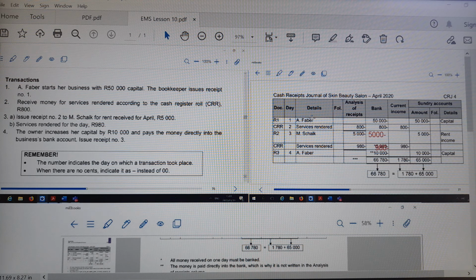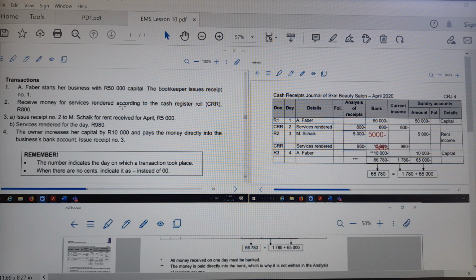And we said capital does not go into analysis of bank receipts, so it goes to the bank, and because we don't have capital here, we will put it in the sundry account as well. Whatever we don't have here, type of income, if we don't have it at the top, then we put it on sundry accounts.